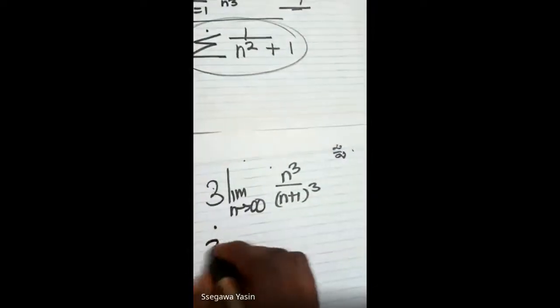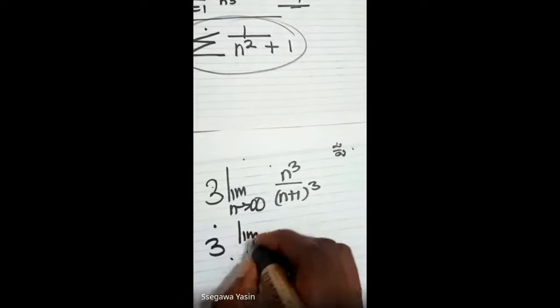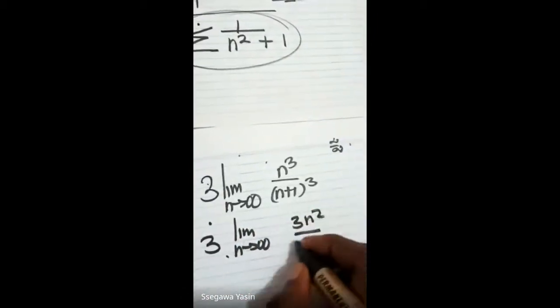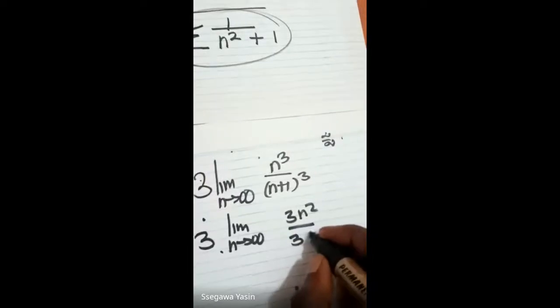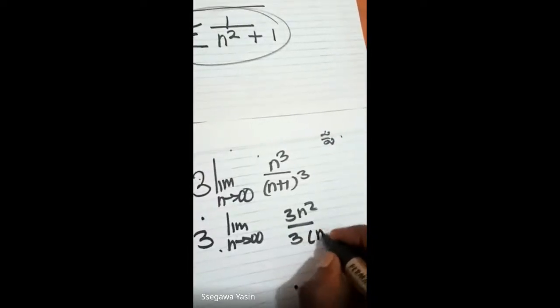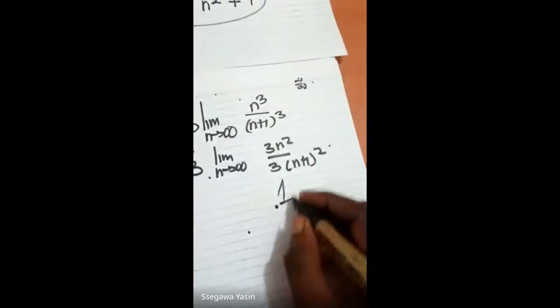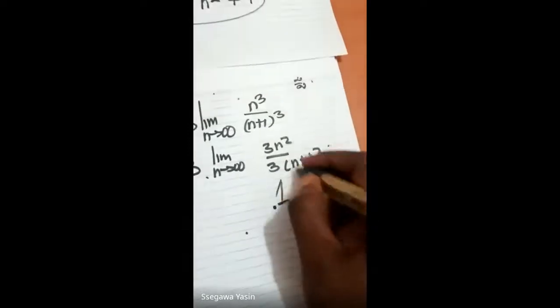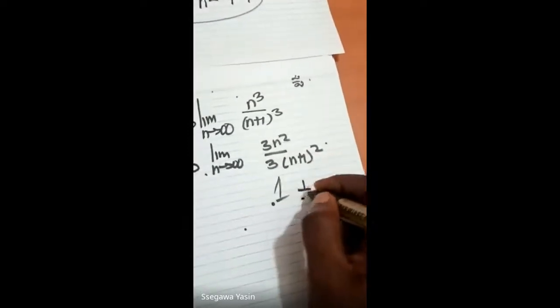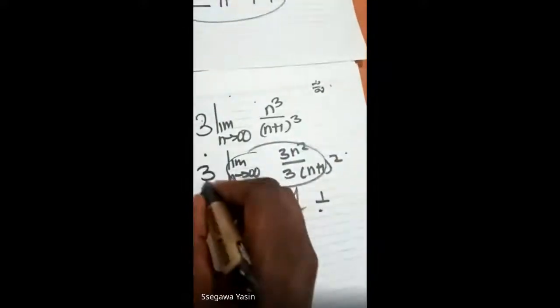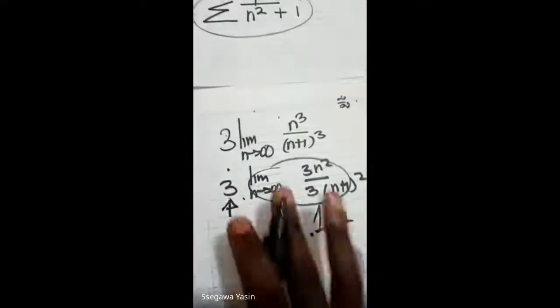So you differentiate. The limit as n goes to infinity of 3n squared over 3 times (n plus 1) squared. You repeat this, and it will keep reducing until you get a 1 over something, which goes to 1, and here we remain with a 3. But please revisit L'Hopital's rule.